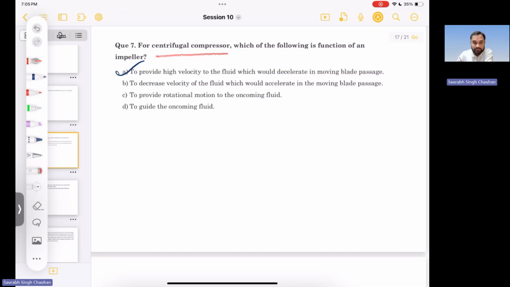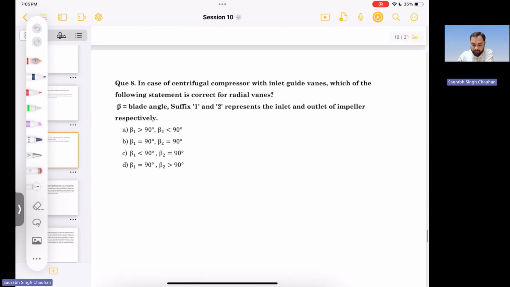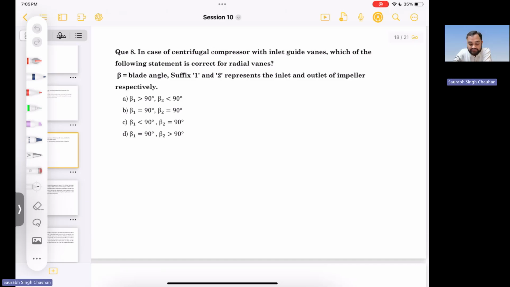So this was question number 7. I hope this is clear. Now moving to question number 8. Question number 8 says, in case of a centrifugal compressor with inlet guide vane, which of the following statements is correct for the radial vanes?